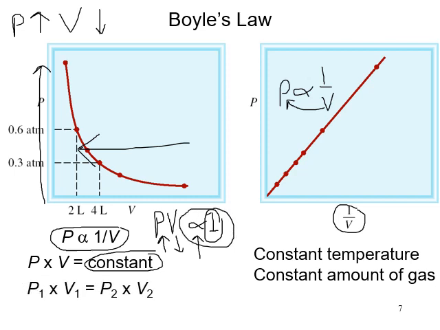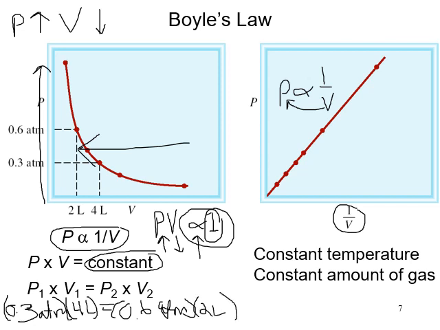So that's why when you see P1 times V1 equals P2 times V2, what that means is, if I have a pressure, and you could choose it off of this graph up here, say a pressure of 0.3 atmospheres, and I multiply that by 4 liters, because that's the volume that goes with that. If you look at that graph, and then I have the second pressure, which is 0.6 atm, and I multiply that by 2 liters.